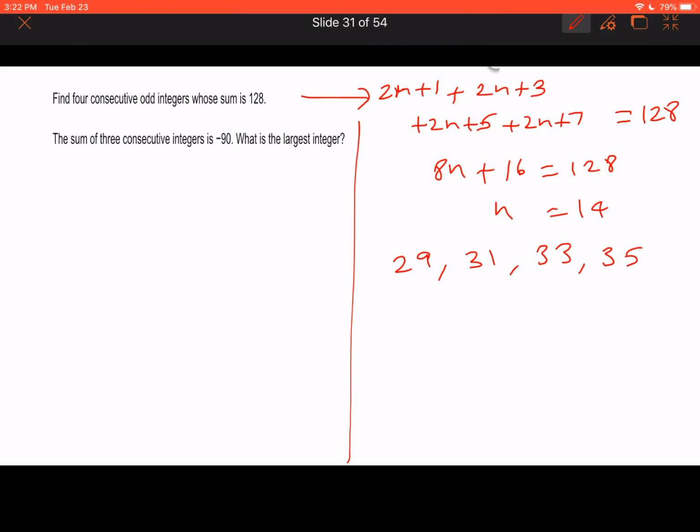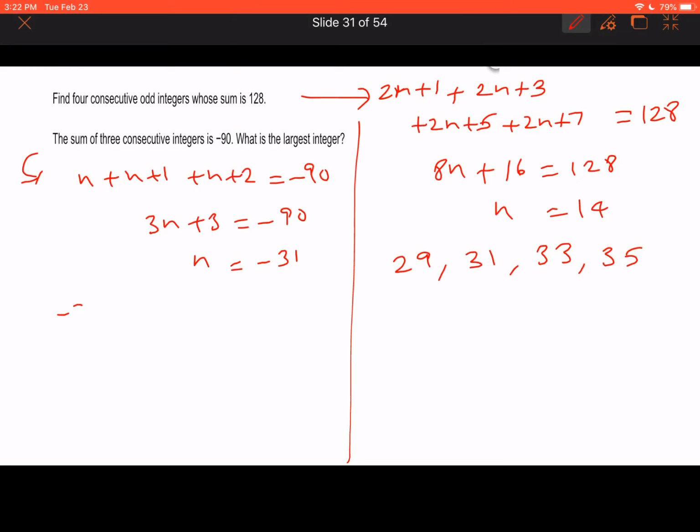Okay, the next is the sum of three consecutive integers. Here it is just given consecutive integers, so we just add n, n plus 1, n plus 2, which is equal to minus 90. So 3n plus 3 equals minus 90, so n is equal to minus 31.